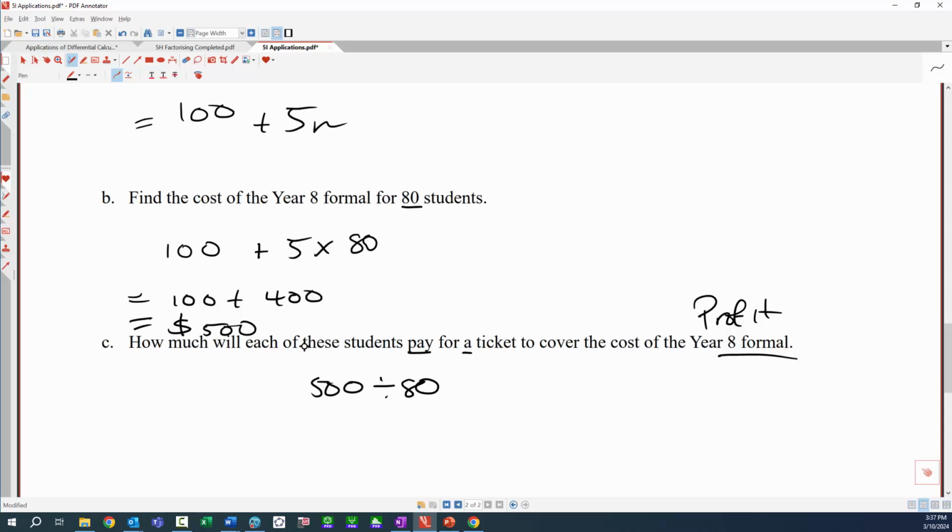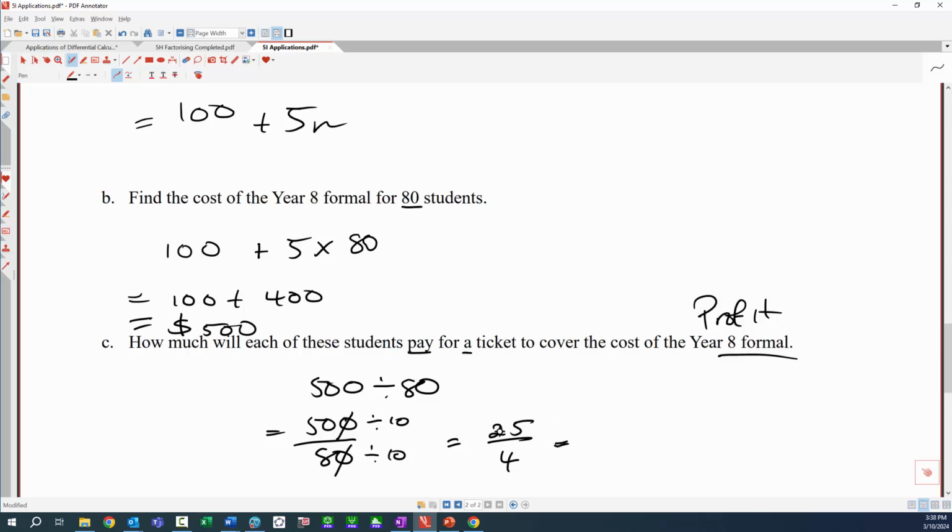All right, so the way we can do that is we can say that that's 500 over 80 as a fraction. Now divide that one by 10, divide that one by 10, and what we get is 50 on 8, which is 25 on 4 when we halve both of them because we divide them by 2.